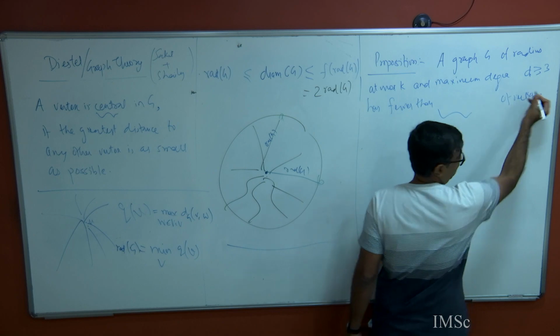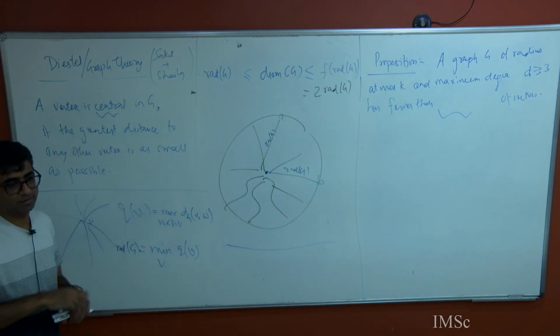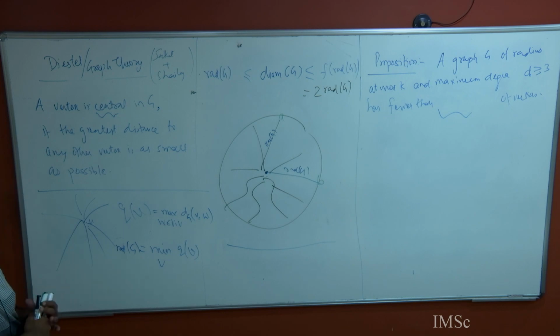Let's see what number we can fill in. A graph G of radius at most k and maximum degree d can contain how many vertices?